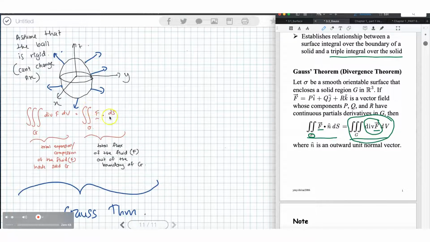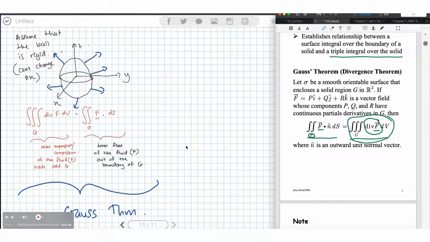The right side tells you the total flux of the fluid, where the blue arrow is the fluid flow or gas flow out of the boundary of the solid G. So the value of the total expansion and the value of the total flux are the same. This is the idea of the Gauss theorem.